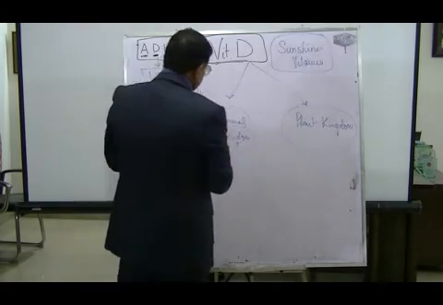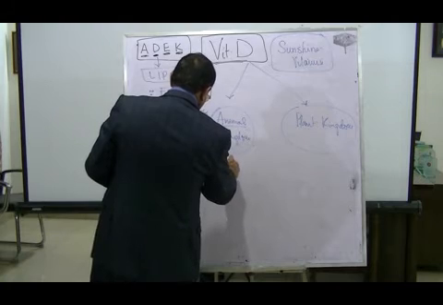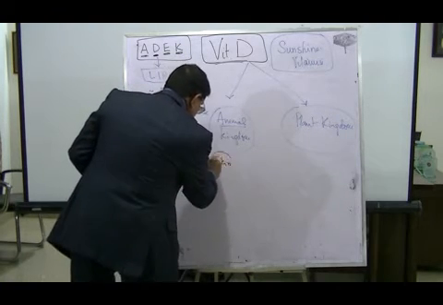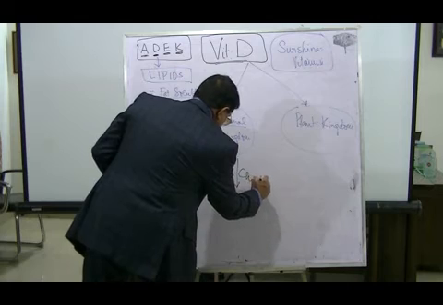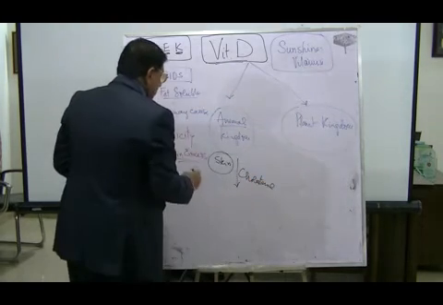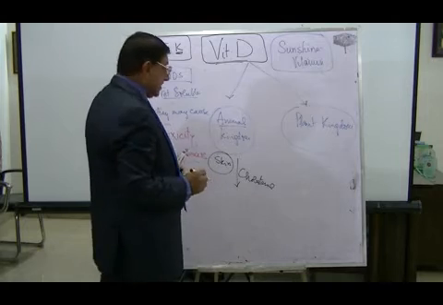In the animal kingdom, it is present in the skin, formed from cholesterol, and it is called 7-dehydrocholesterol.